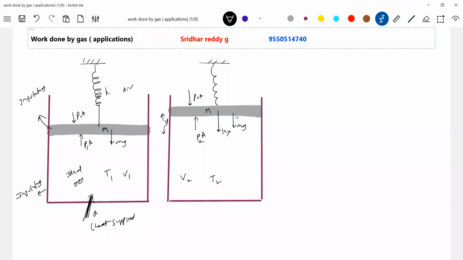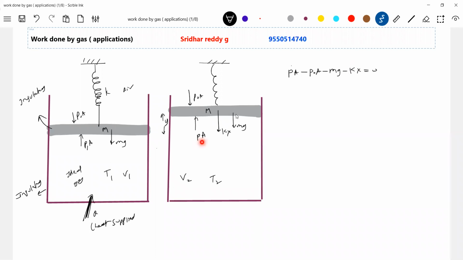First, what is the work done by the gas? So let's get the expression for pressure at equilibrium. PA minus P naught A minus mg minus kx equal to 0. Will you agree? Of course, the pressure is P2.